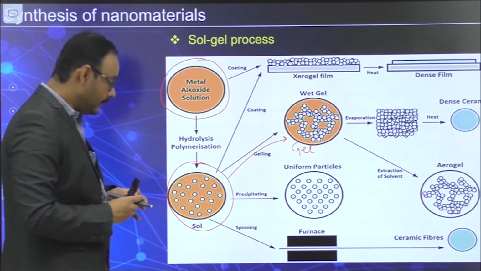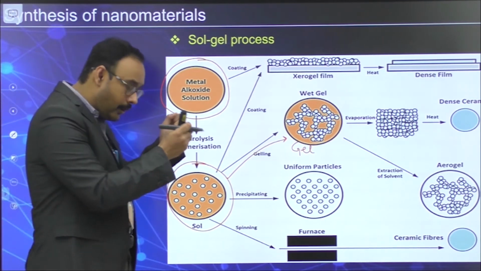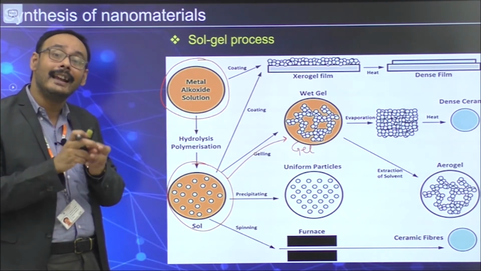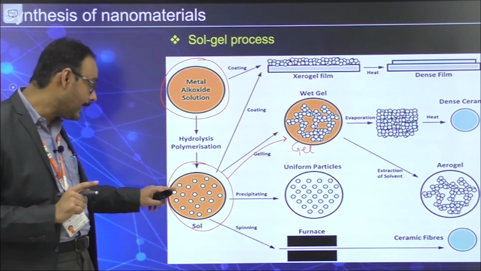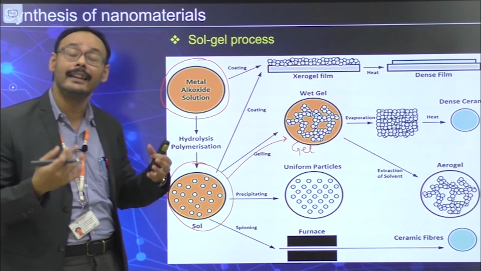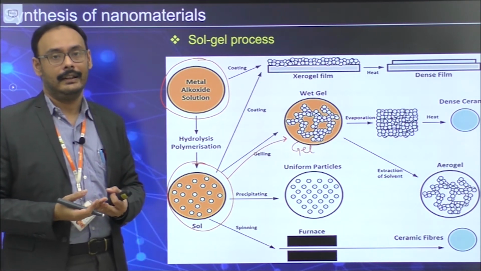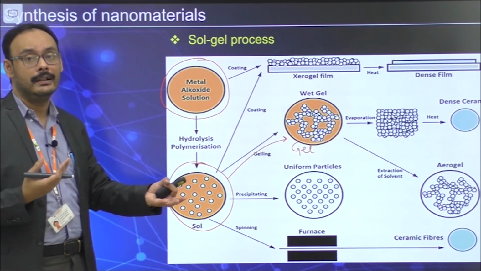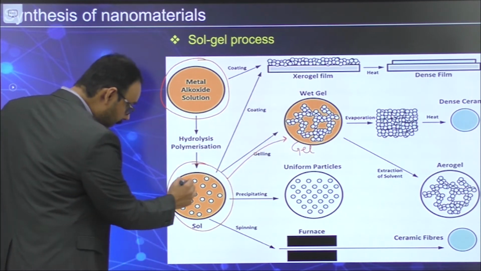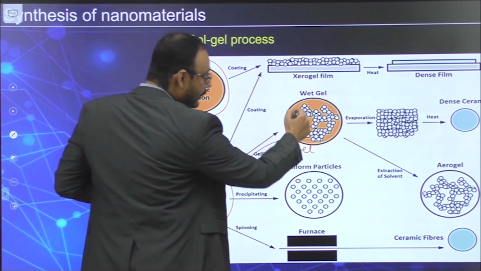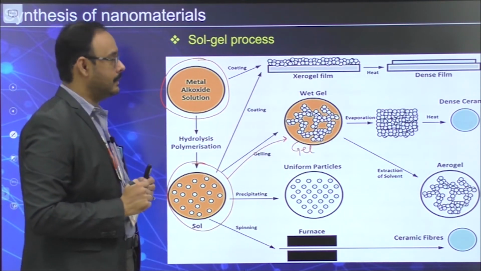What is happening here? These particles are talking to each other, they are coming close, and again the same reactions are happening. In this particular case, the reaction is again condensation. Again a water molecule is coming out. But while doing that, from individual particles you are forming a structure that looks like this.